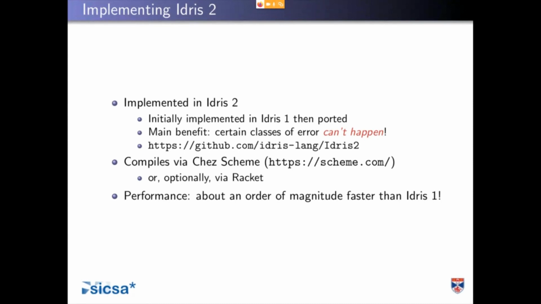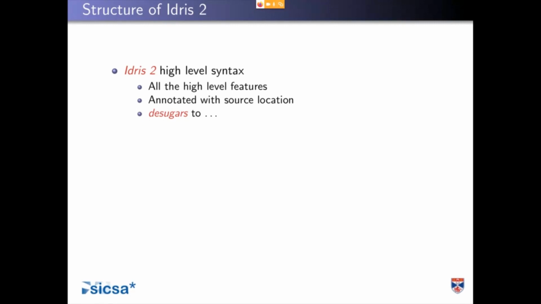It's fantastic. So what's the structure? If you look at the code base of Idris 2, you'll see that it's divided into a kind of module hierarchy, which gives you an idea of roughly what the phases are. So we've got the high-level syntax.